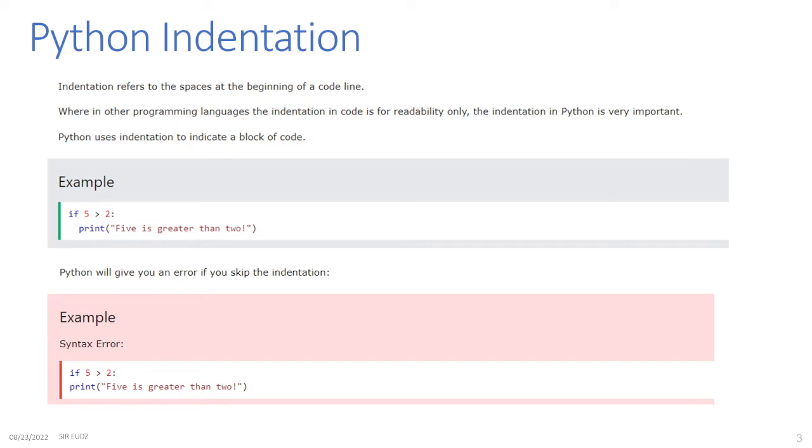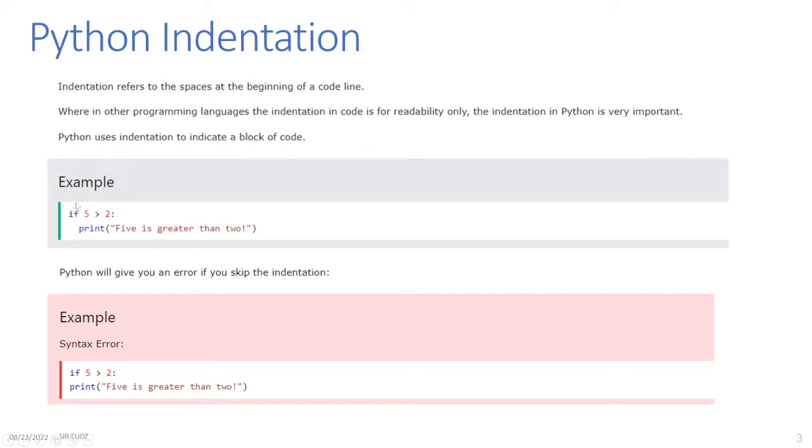Python indentation. Indentation refers to the spaces at the beginning of a line of code. So this is what we call indentation. In other programming languages, the indentation in code is for readability only. You indent or you don't indent, it doesn't matter. But in Python, indentation is very important. Python uses indentation to indicate a block of code.